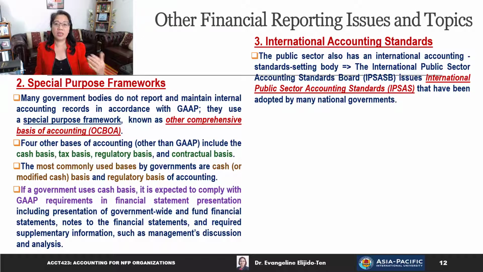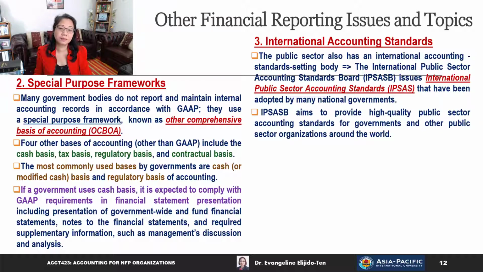They are known as the International Public Sector Accounting Standards Board, so IPSASB. This is the board or the body that issues the International Public Sector Accounting Standards. We'll just call it IPSAS. And they have been adopted by many national governments.